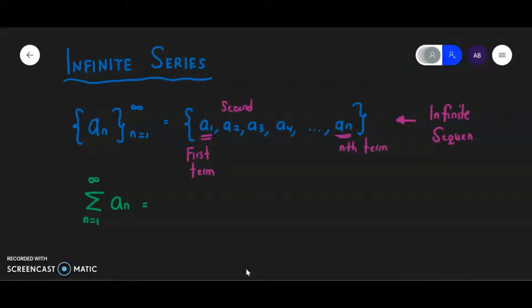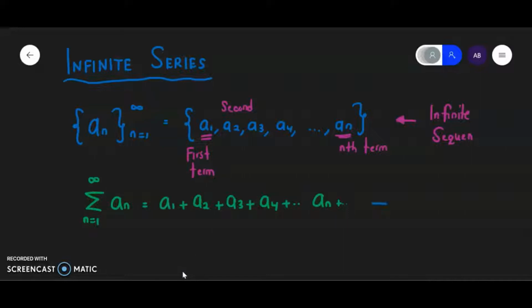Because of the summation notation, my infinite series can be written as a1 plus a2, you add the terms up to an and so on. So a series is the summation of a list of numbers or a sequence.